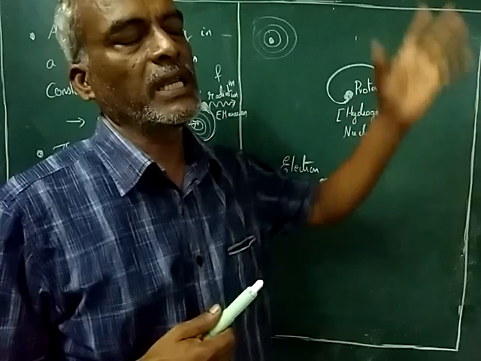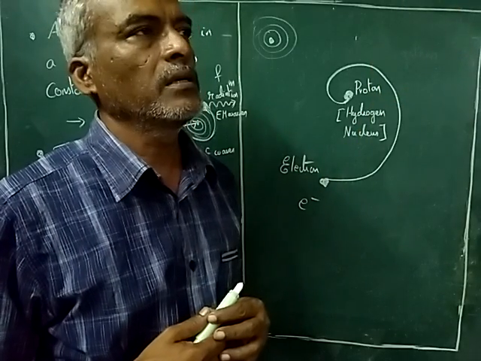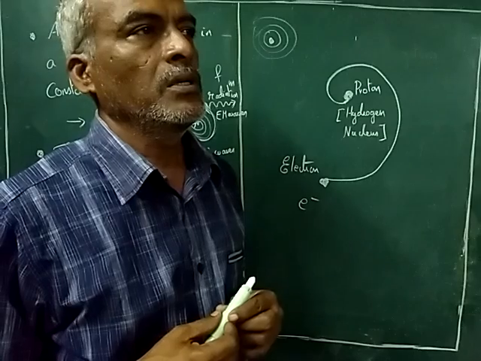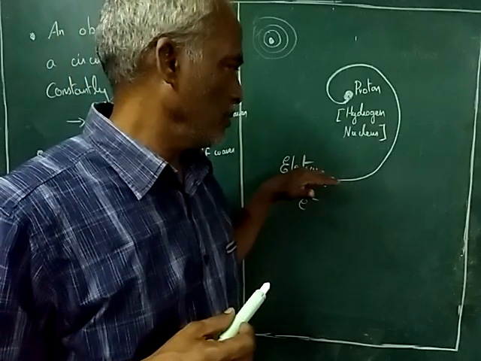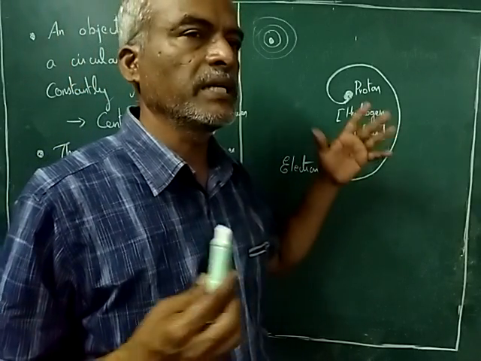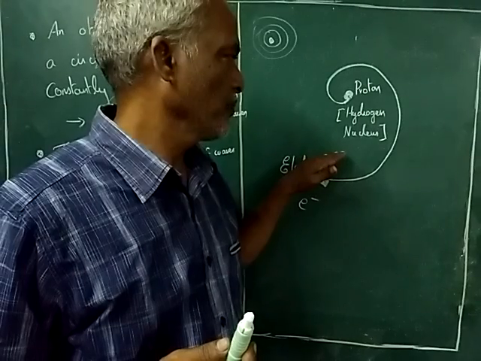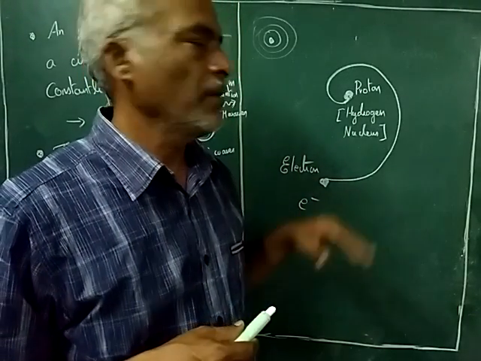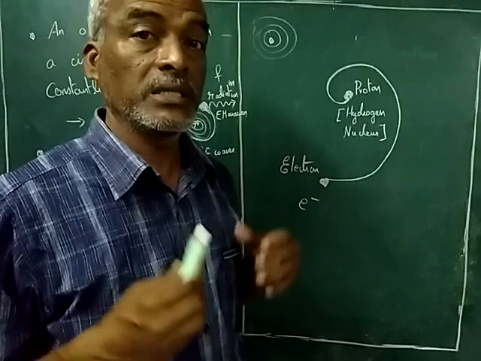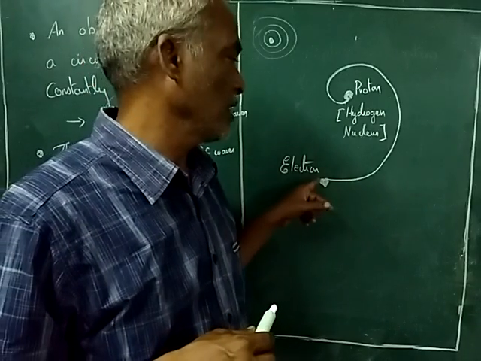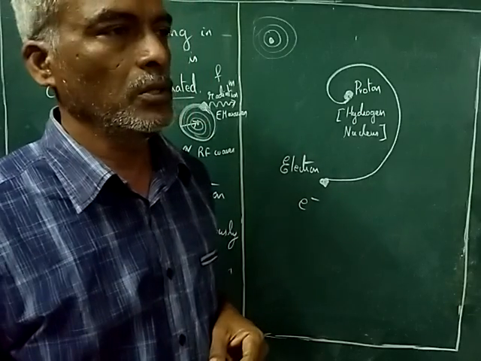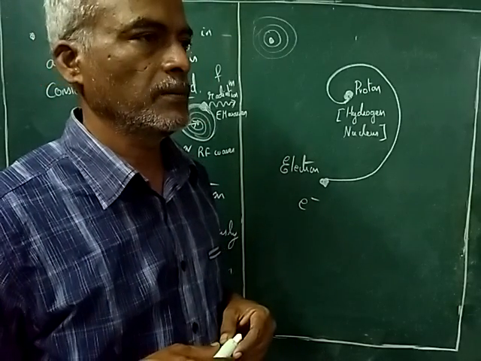Since some portion of the energy is being radiated, the electron loses some energy. So therefore, everything gets altered. The distance, the centripetal acceleration, everything is modified now, and it is continuously modified, and the electron takes a spiral path and finally it gets into the nucleus, which is positive charge.